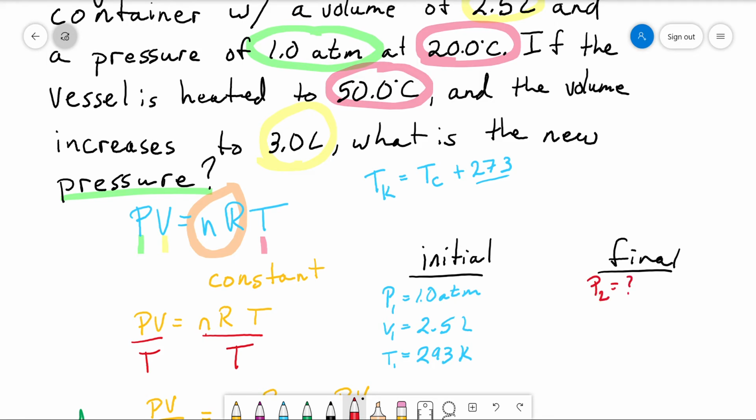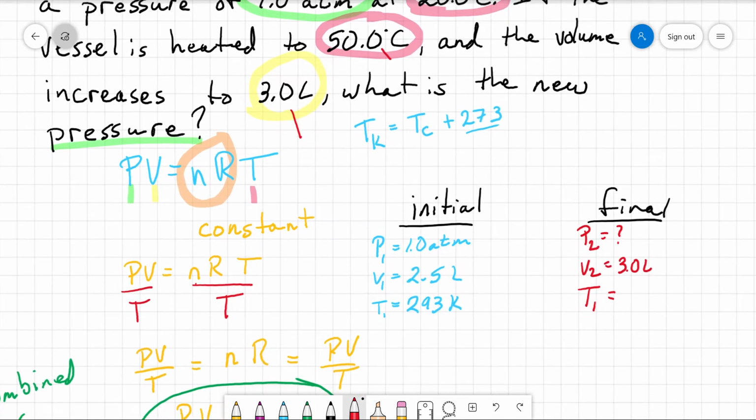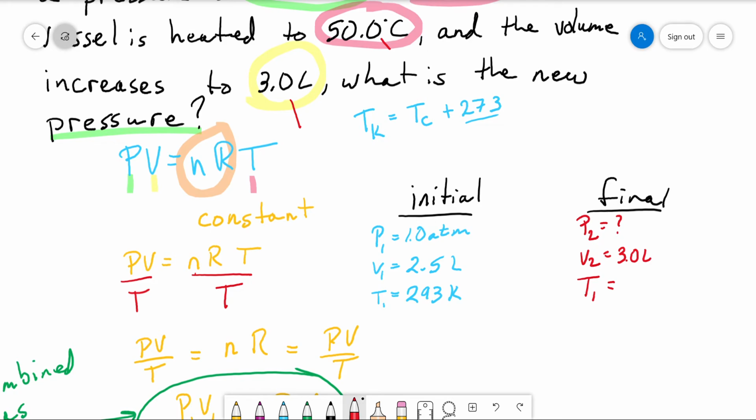P2 we don't know. V2, that is right there, that's 3.0 liters. And T2, there it is. 50.0 degrees Celsius plus 273 is equal to 323 Kelvin. Okay.